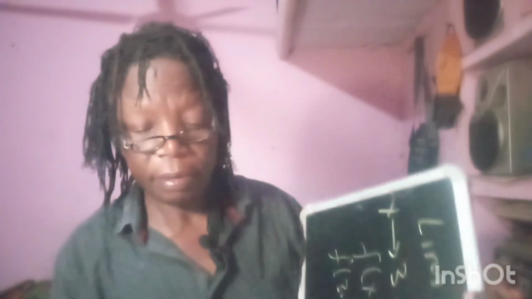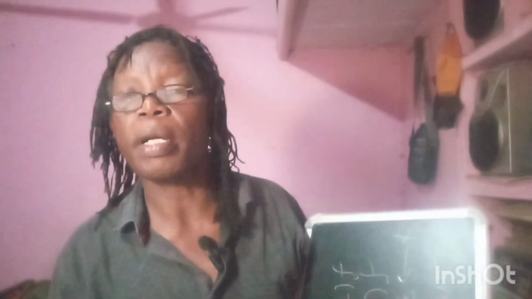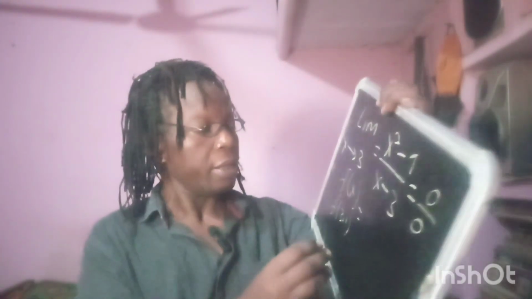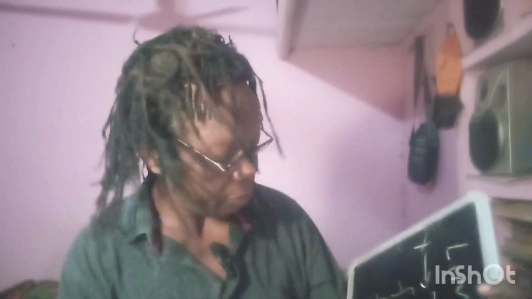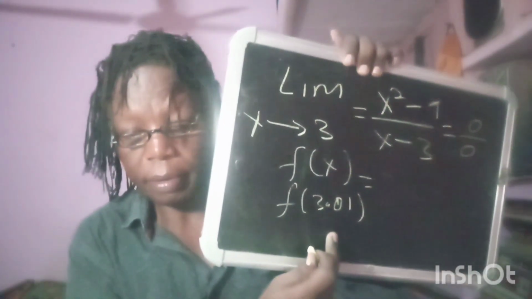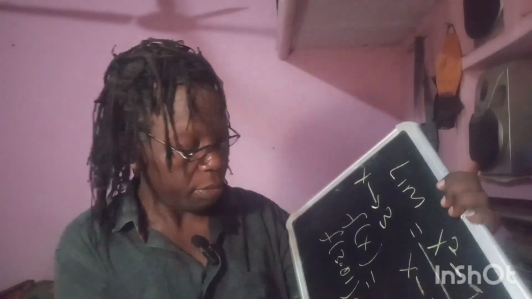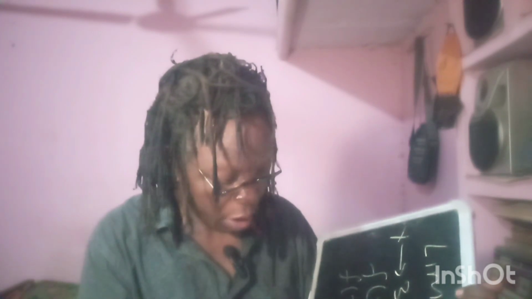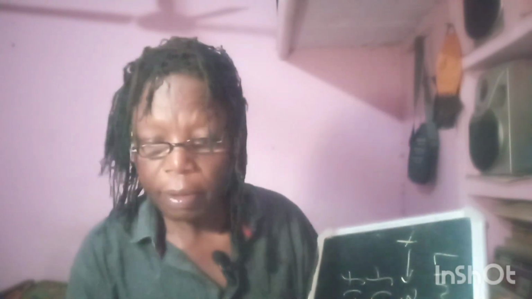Now we're going to put a value like 3.01. Instead of writing 3.1, let's write 3.01. So f of 3.01 would be equal to 3.01 squared minus 9 over 3.01 minus 3.